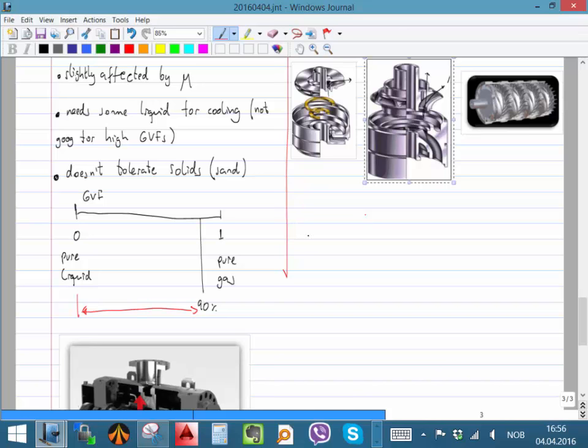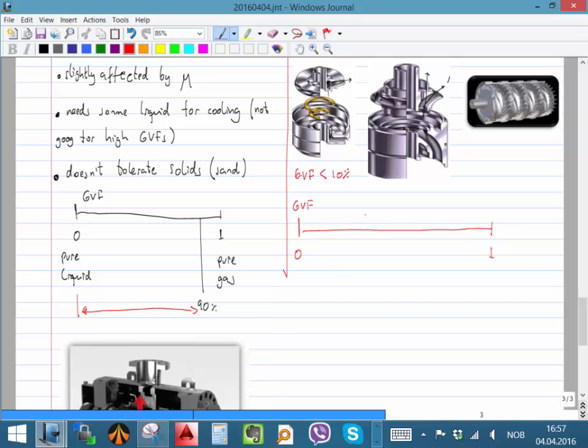And also, in a very similar way, the GBF, if we talk about GBF from 0 to 1, okay, pure liquid to pure gas, usually these kind of impellers that are radial, they are good only for GBF less than 10%.